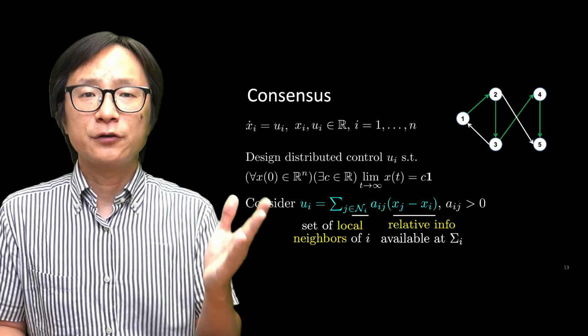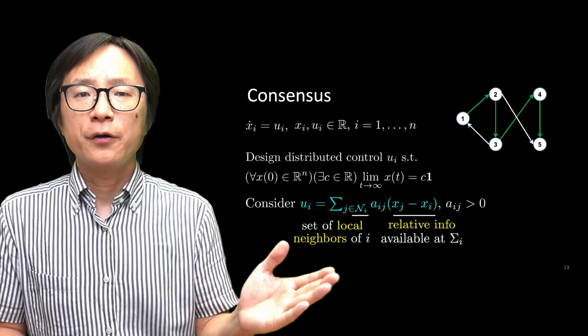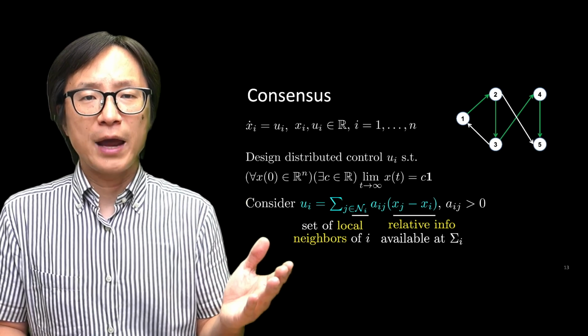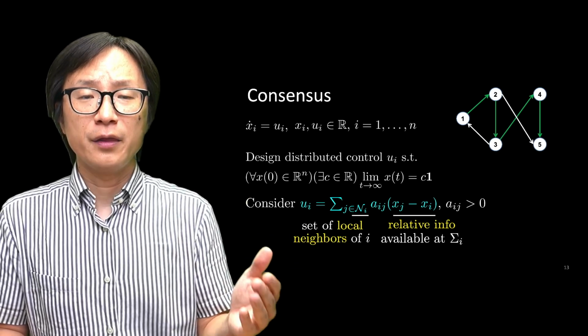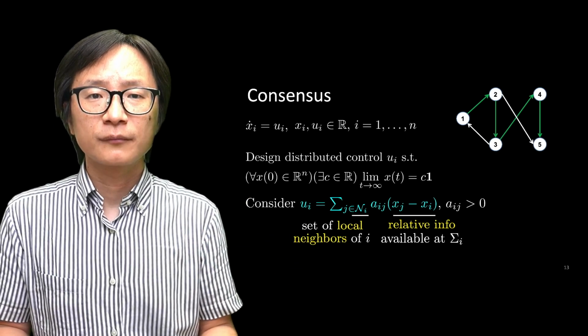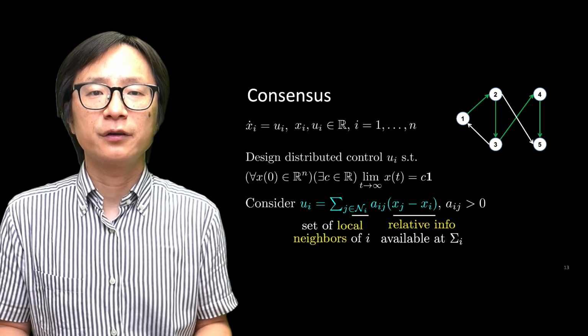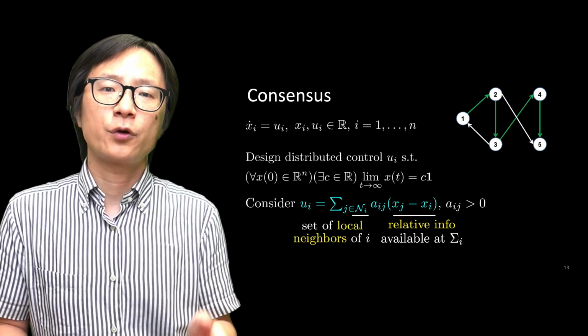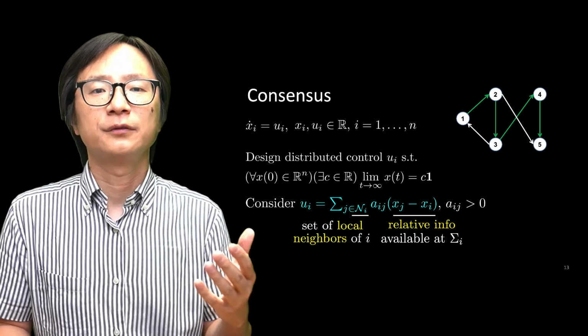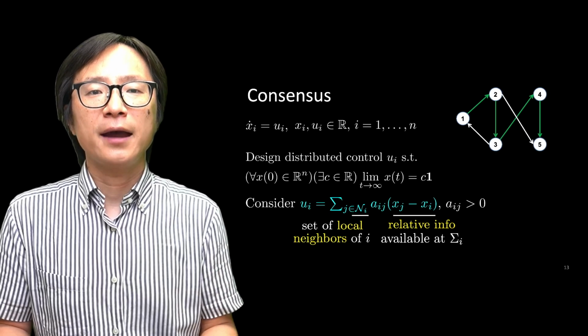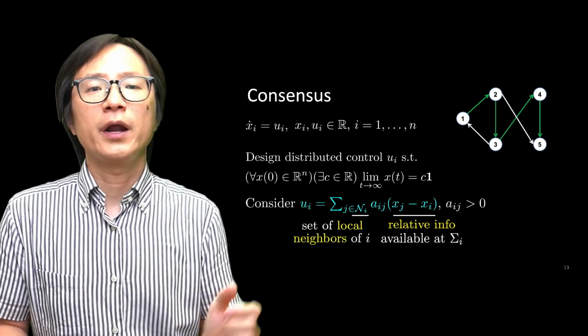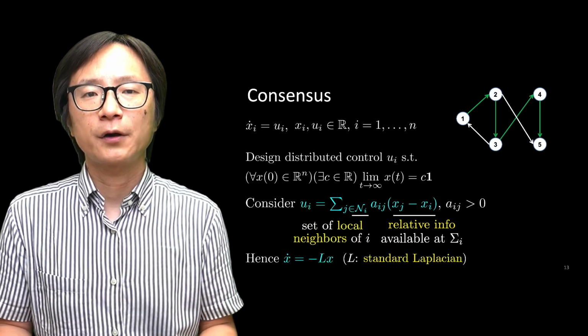For distributed control ui, we are going to use this form, which we have already introduced in the example at the beginning. So again, here all the information is coming from the neighbors. The script N sub i is a set of local neighbors, and all the information is relative information. Okay.